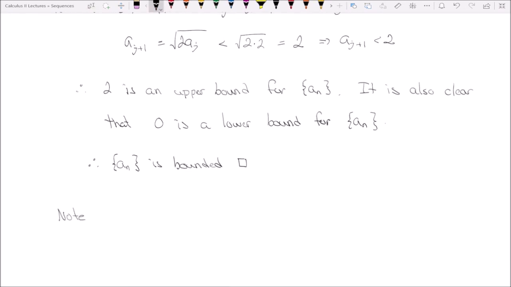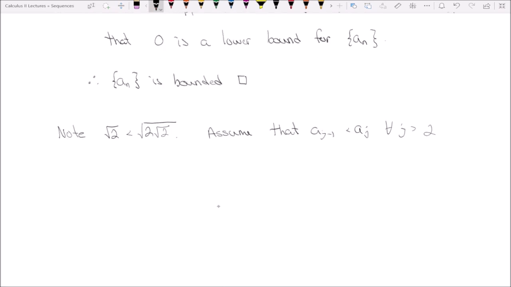Now note, square root of 2 is less than the square root of 2 times the square root of 2. Let's assume that a sub j minus 1 is less than a sub j for all j greater than 2.